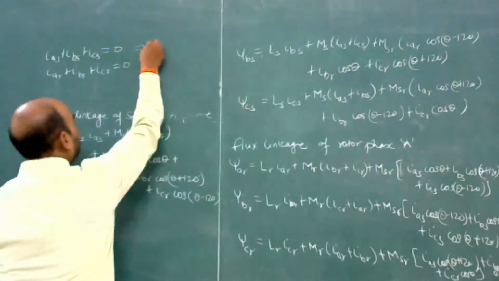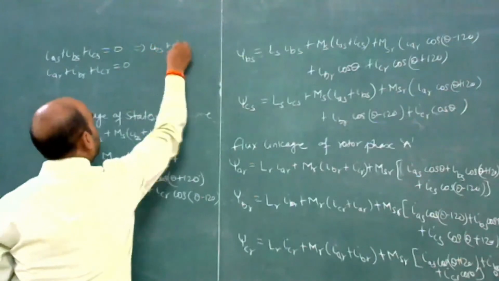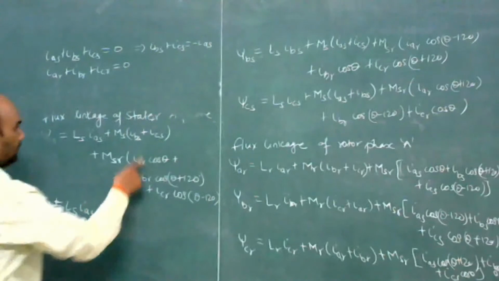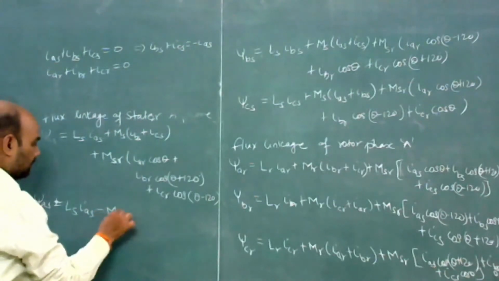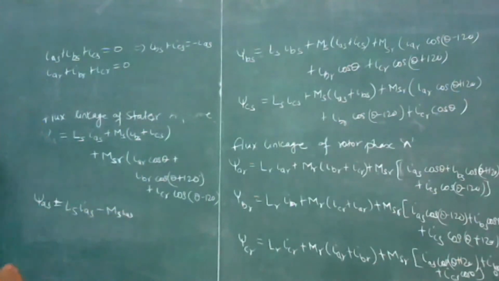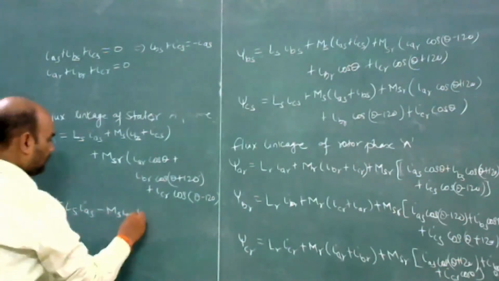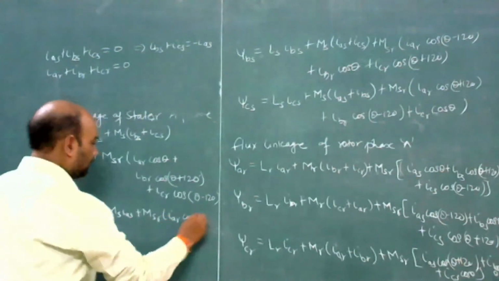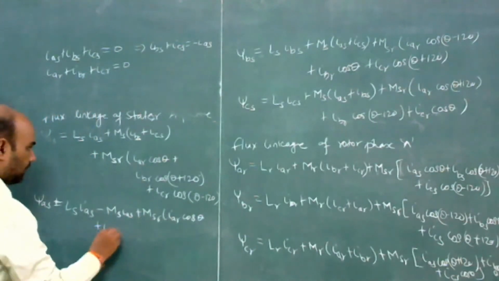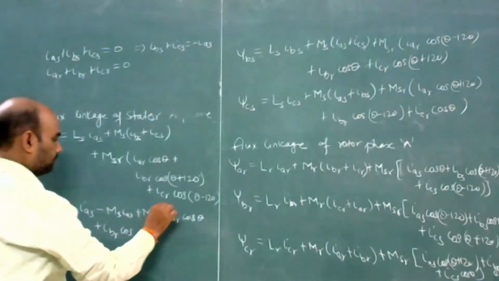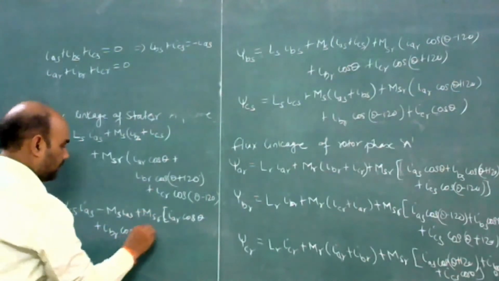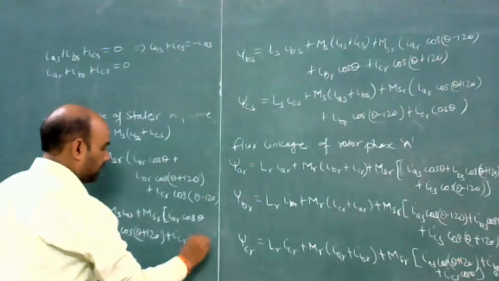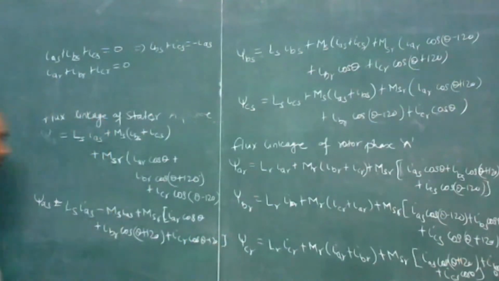From here we can write IBS plus ICS is equal to minus IAS. So this will become minus MS into IAS, plus MSR times IAR cos theta plus IBR cos theta plus 120 degrees plus ICR cos theta minus 120 degrees.